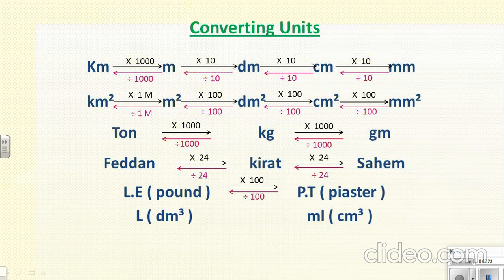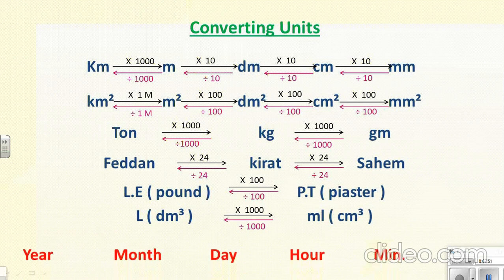We measure them in liters and milliliters, and the liter is bigger than the milliliter. So from liters to milliliters, we do what? Excellent. We multiply by 1000. And from milliliters to liters, we divide by 1000.